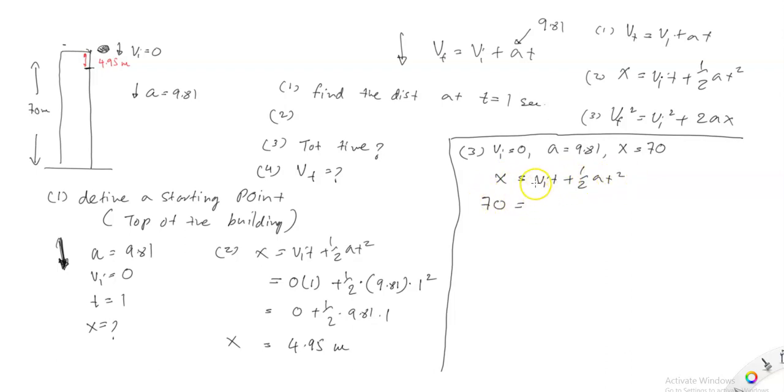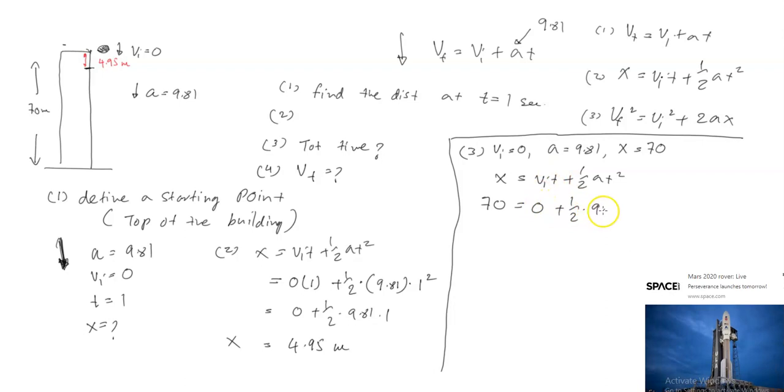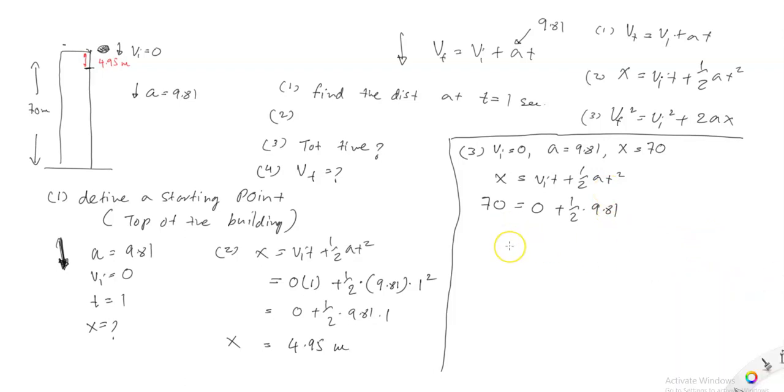70 equals V initially is 0, so regardless of what the time is, it's going to become 0. Half times 9.81 times t squared. Okay, so we have 70 equals half times 9.81 is 4.95.